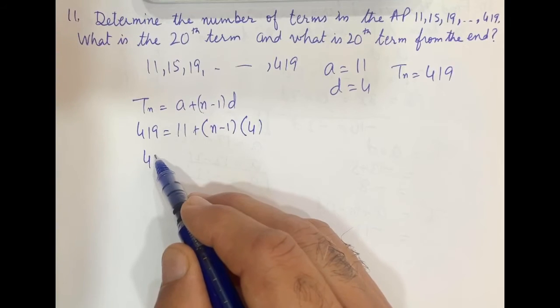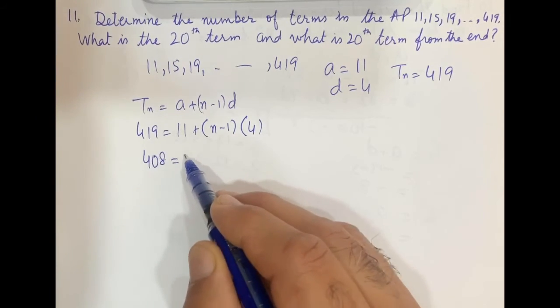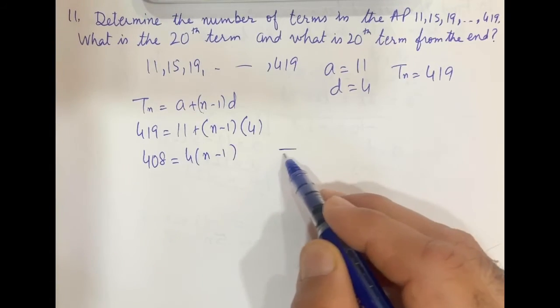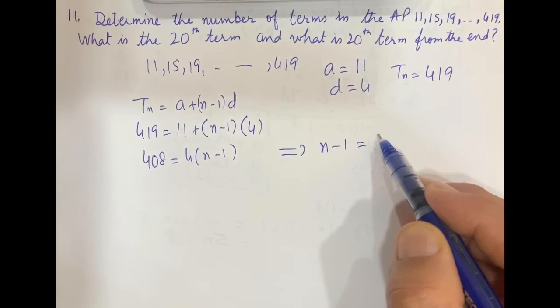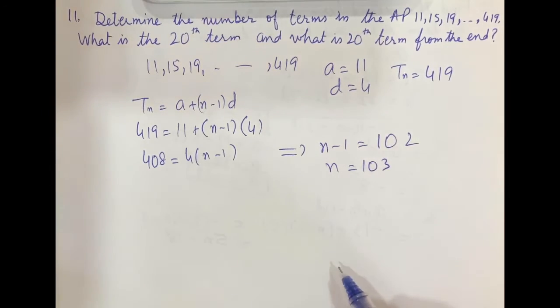This is 419 minus 11, this is 408, is 4 into (n minus 1). This gives us n minus 1 equal to 102, or n is 103. So the number of terms in this AP is 103.